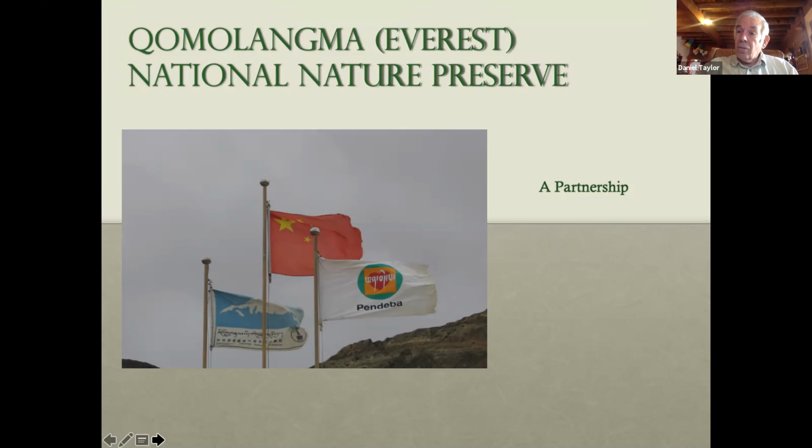And one partner is the government, the top down. The second partner is the bottom up, the Pendaba, the workers from the community working with the top down. And then there's the outside in, which is symbolized by the nature preserve that's bringing in new ideas. Three-way partnership that's going to come together here.